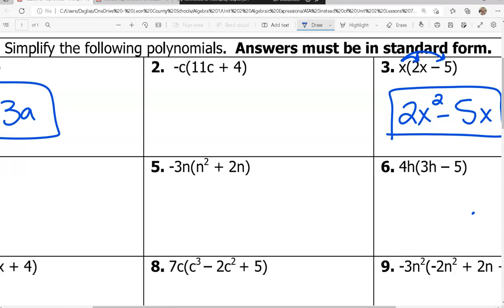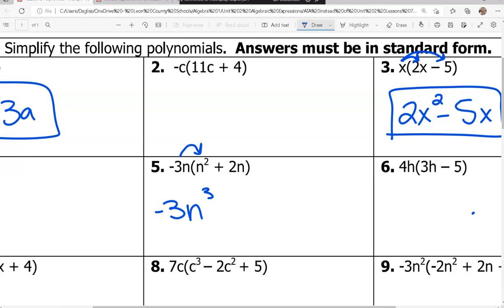Beautiful. So we have a coefficient and a variable. When I multiply, they're both coming together. So negative 3n times n squared. Is there another coefficient to multiply with? It's just n squared, right? So negative 3 is just going to be negative 3. But n times n squared is n to the power of 3.